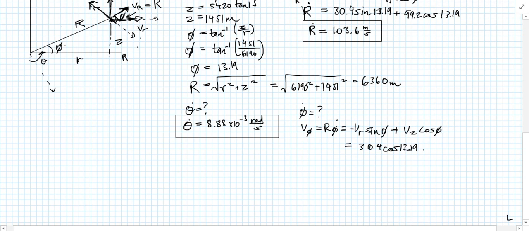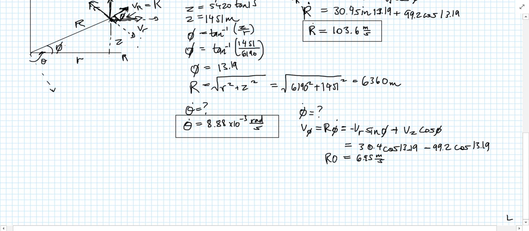So that's 13.19 minus Vr, which is 99.2 times cosine of 13.19, and this should give us 6.95 meters per second.